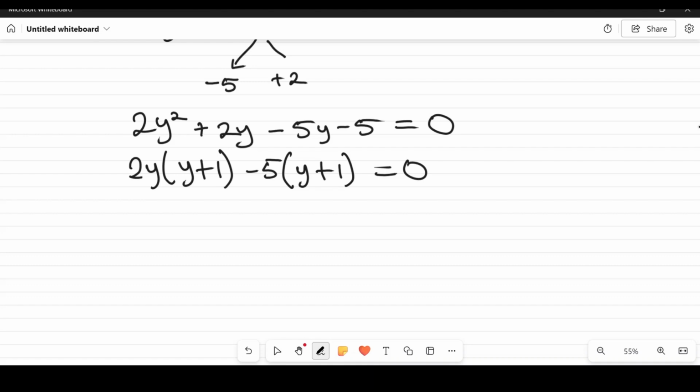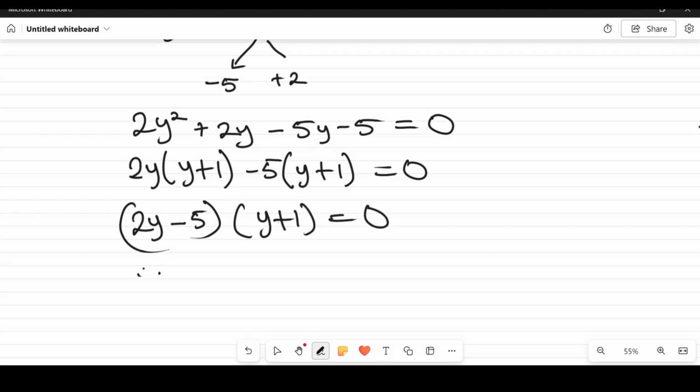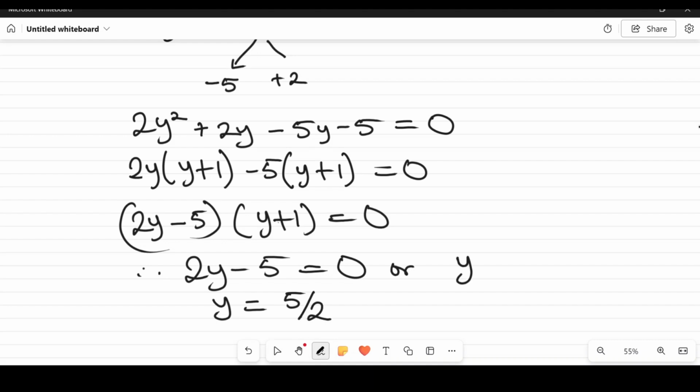So our expression becomes 2y minus 5 bracket y plus 1 equal to 0. Therefore, 2y minus 5 is equal to 0, y is equal to 5 divided by 2, or y plus 1 is equal to 0, y is equal to negative 1.